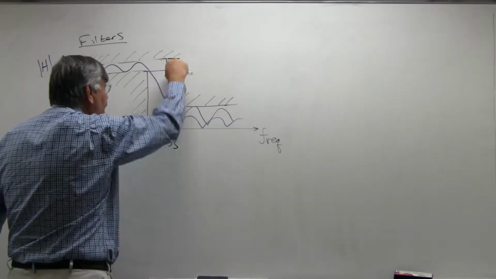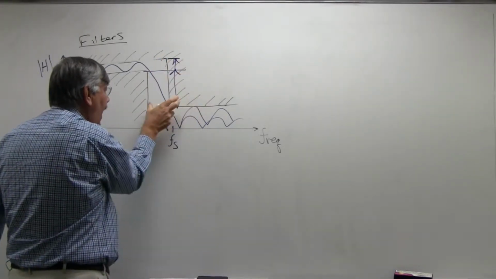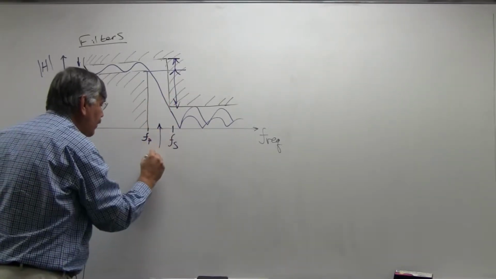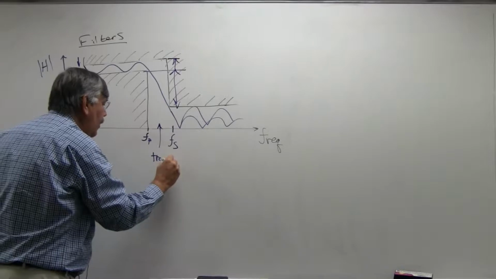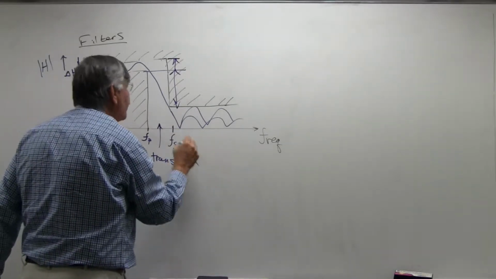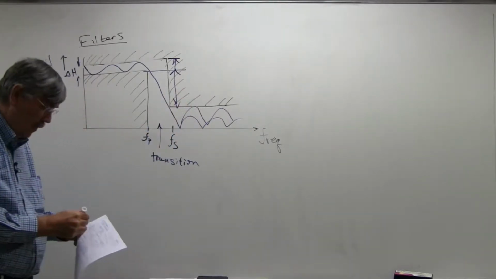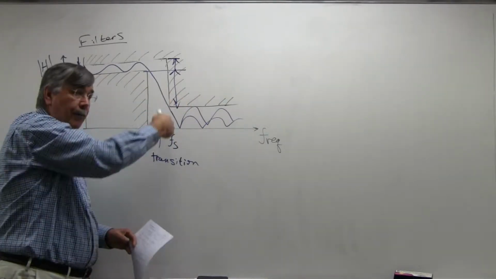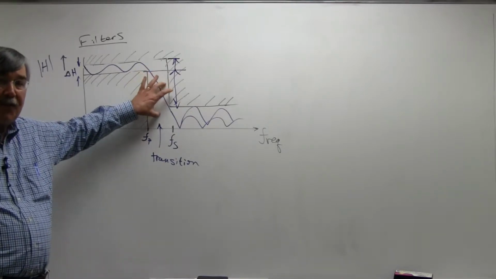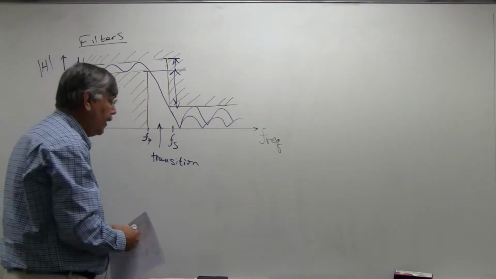The more attenuation we have to have, and the narrower the so-called transition region is, the bigger the slope has to be as we come right outside the pass band. The steeper this has to be, that's called selectivity, okay?